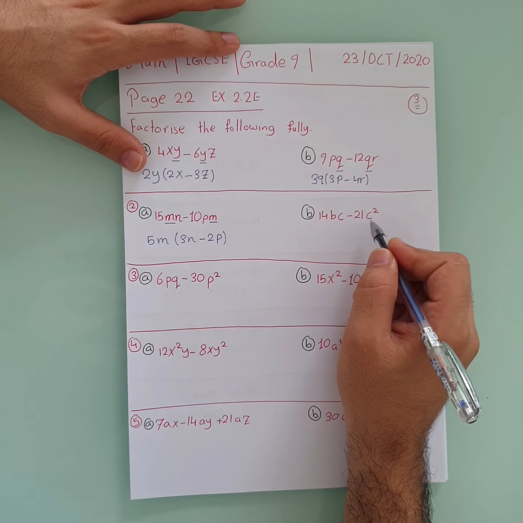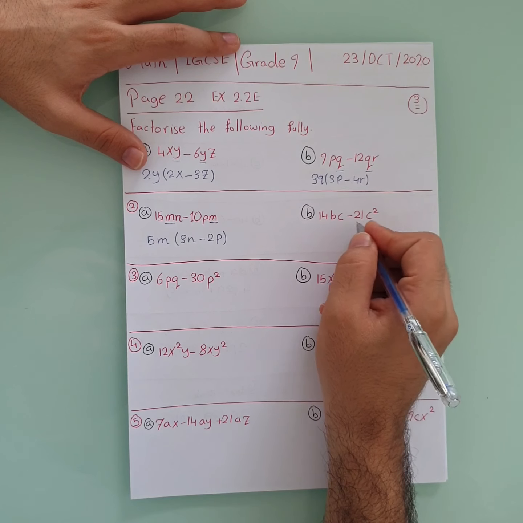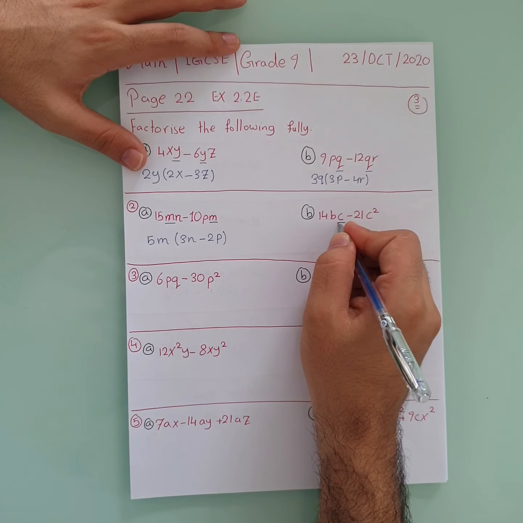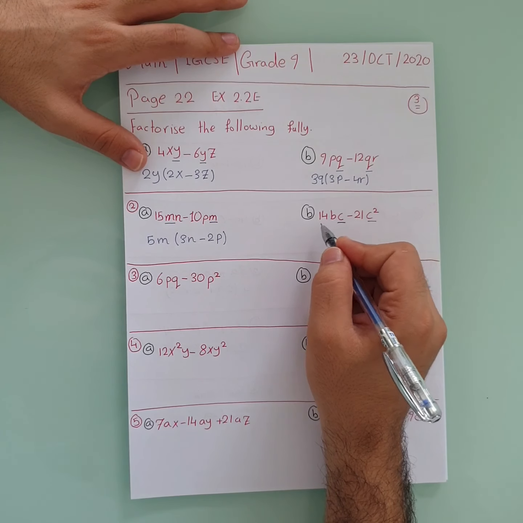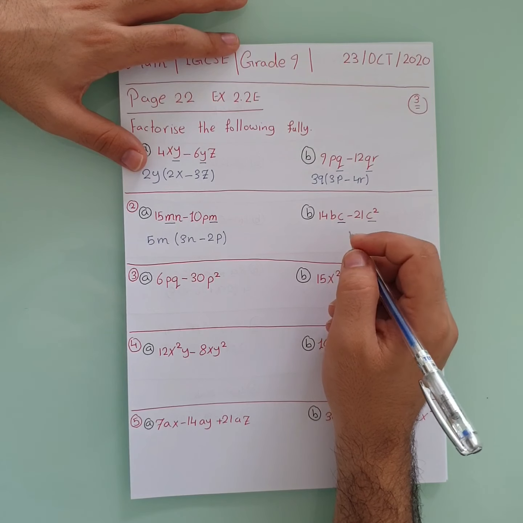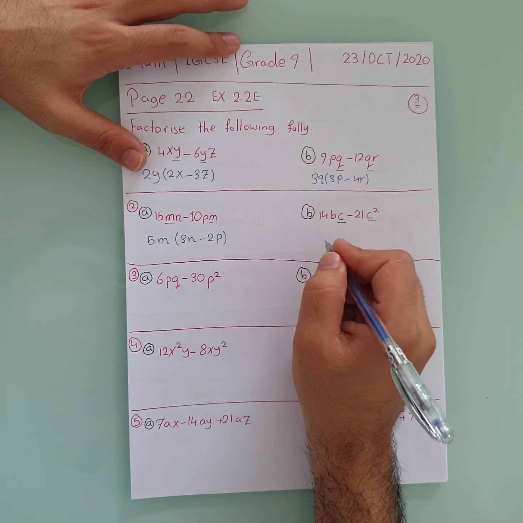Okay, let's go for the next question. 14bc minus 21c to the power of 2. We can recognize c and c squared have a common factor, and we're always going to take the lowest one, which is c. Between 14 and 21, yes, there is a common factor, which is number 7.